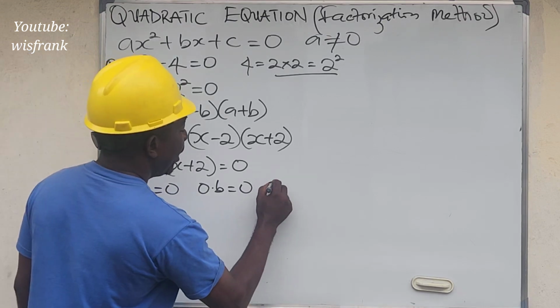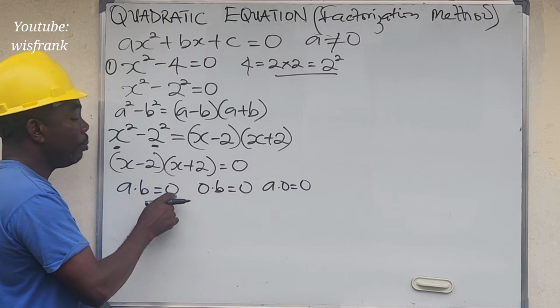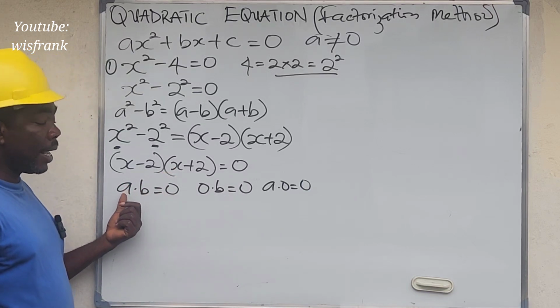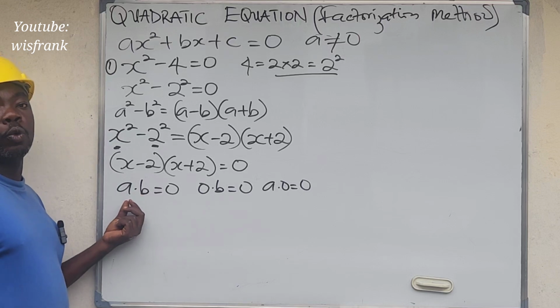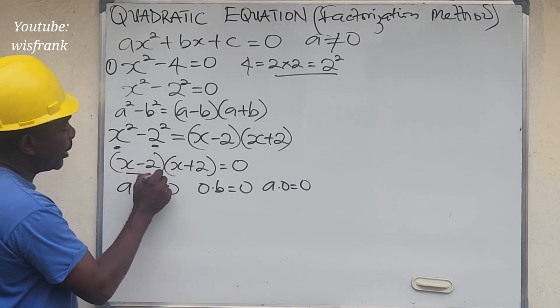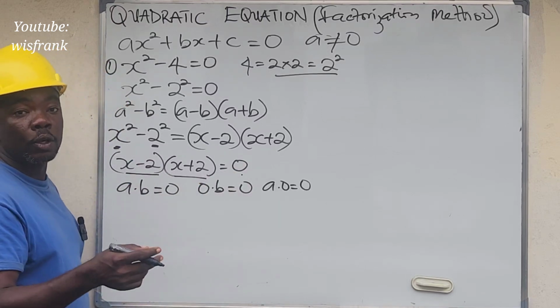And when we have a times 0 equals 0, because a times 0 is 0 when b equals 0. So what this means is either a or b, or both of them, will be equal to 0. So from this equation, it is either the first parenthesis equals 0 or the second parenthesis equals 0.